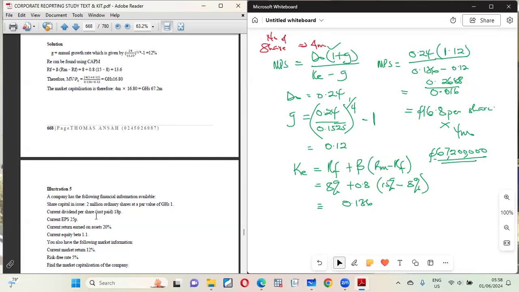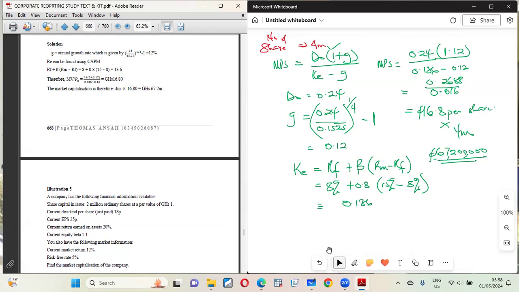The dividend per share just paid is 18 pesos. Current EPS is 25 pesos. Current return earned on assets is 20%. Current equity beta is 1.1. You also have the following information. The market return is 12%, then risk-free is also 5%.